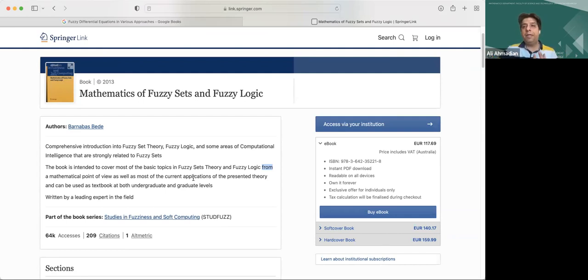Then you have enough good knowledge to start working on fuzzy differential equations and numerical methods, or to develop to other types of differential equations like fractional, delay, impulsive, or random ones. Anyway, these books are helpful. That's why I prefer to first give you these for anybody who is interested to work.